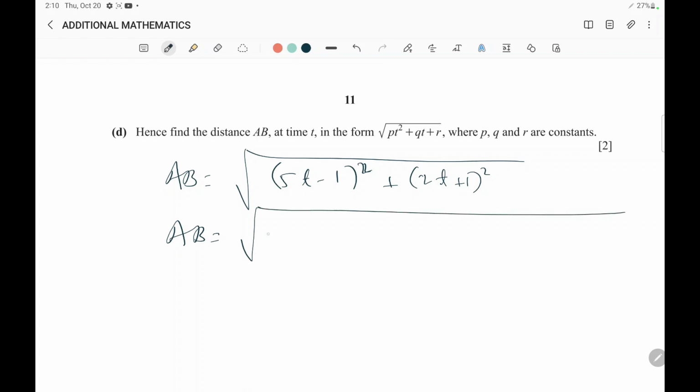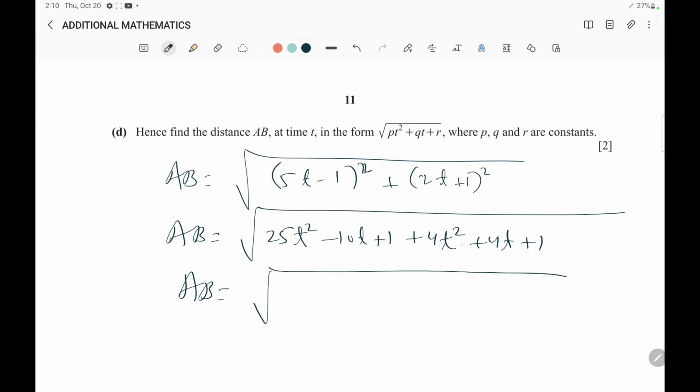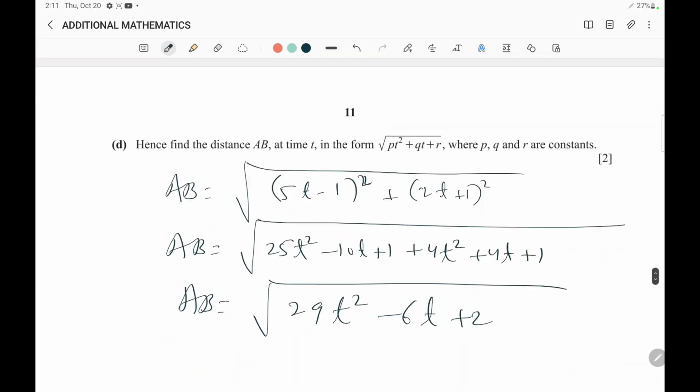So 5t minus 1 whole square is 25t square minus 10t plus 1, and here 4t square plus 4t plus 1. You can expand the bracket, 25t square and 4t square, that's 29t square minus 6t plus 2. Okay, so root 29t square minus 6t plus 2 I got.